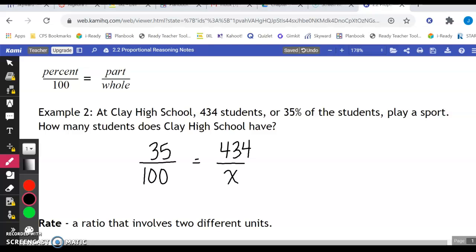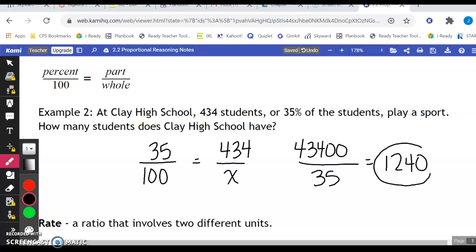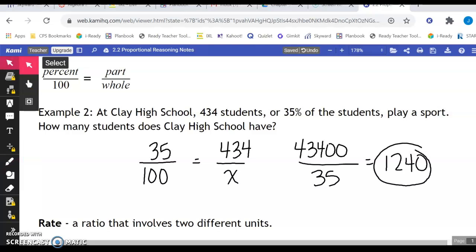So we're going to do 434 times 100, and that would give us 43,400, and then we have to divide by what's across from the x, which is 35. And that gives us an answer of 1,240. So that high school has 1,240 students.